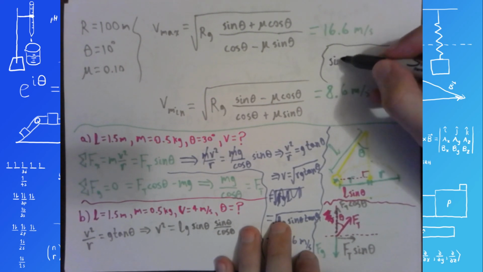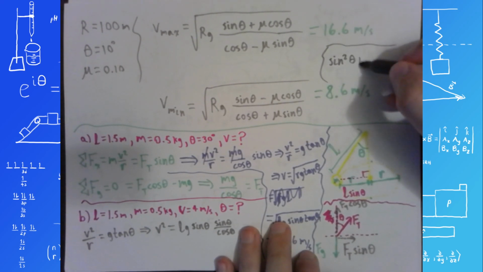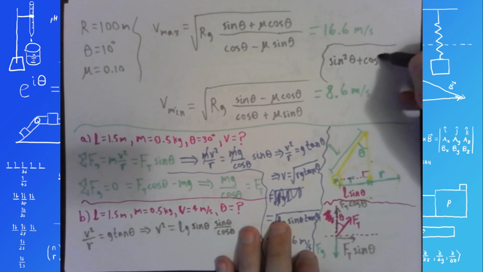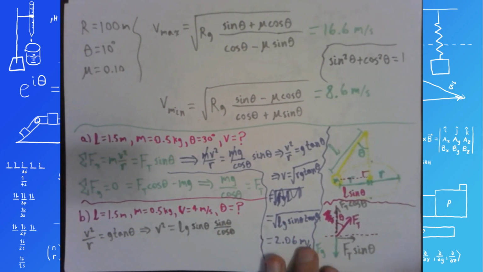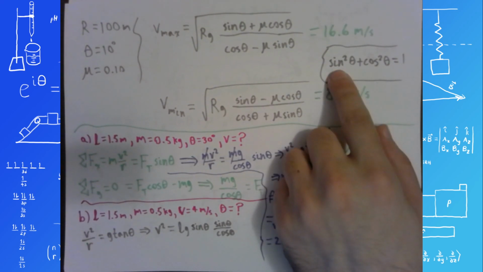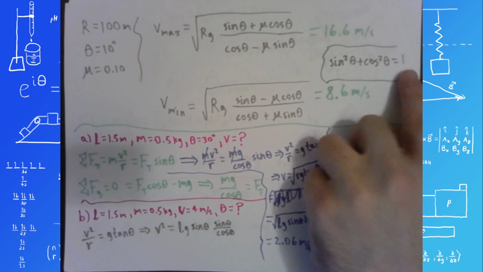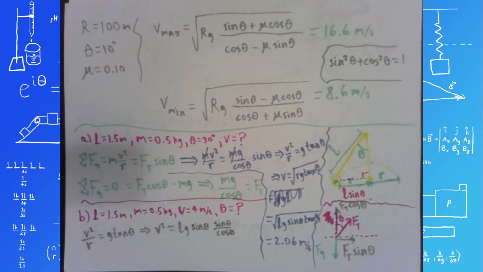Sine squared of theta plus cosine squared of theta equals 1. Which means you can rewrite sine squared of theta as 1 minus cosine squared. So that's what I'm going for, but that's only the beginning of the manipulations that we have to do to get theta.